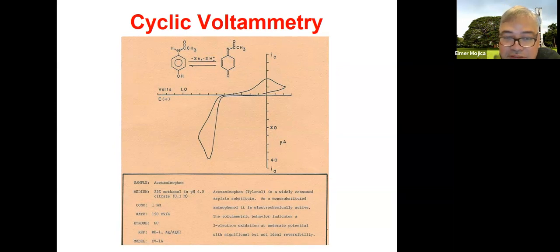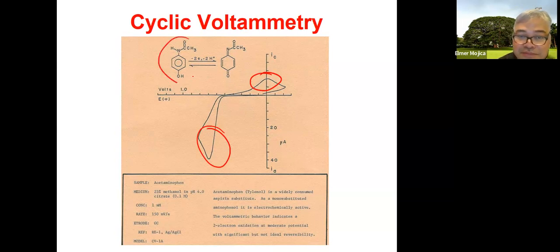So if you're going to look at this, this is the reaction that is happening there. So as you could see, this is the cathodic peak, and this is the anodic peak. It's different. And as you could see, when it undergoes redox reaction, the structure that they have is really different, and this is reflected in the cyclic voltammogram.